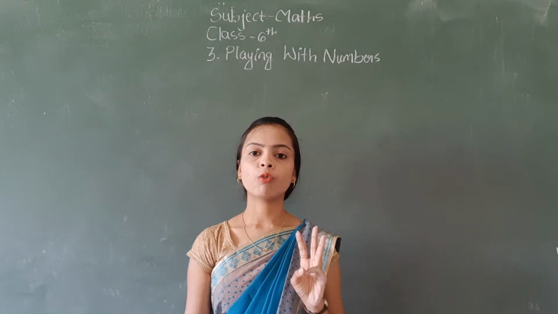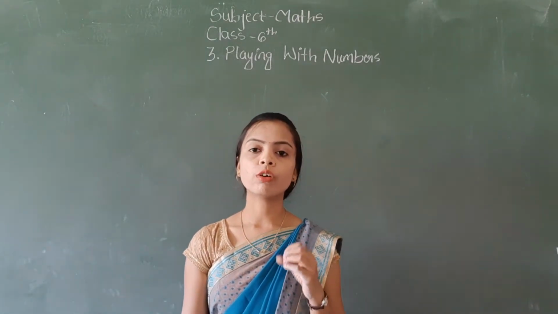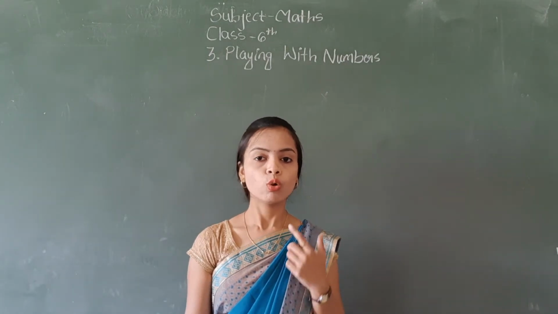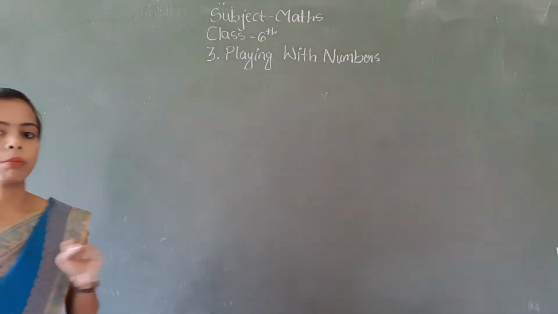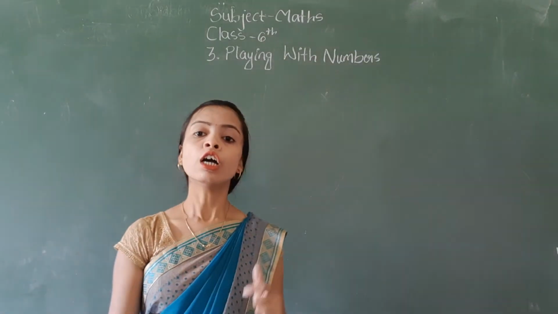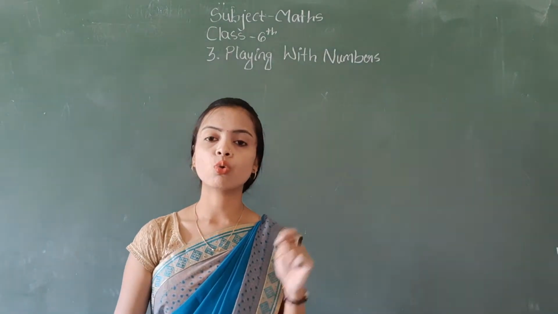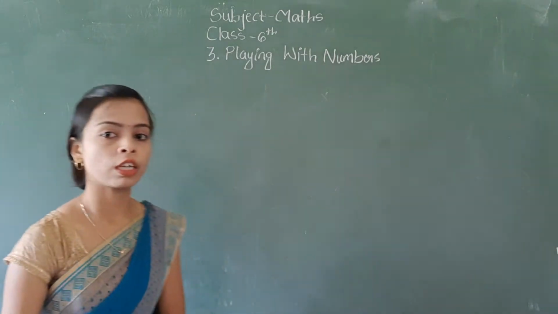What is the rule for divisibility by 2? If we have to find out whether a given number is divisible by 2 or not, we have to check the unit place of it.